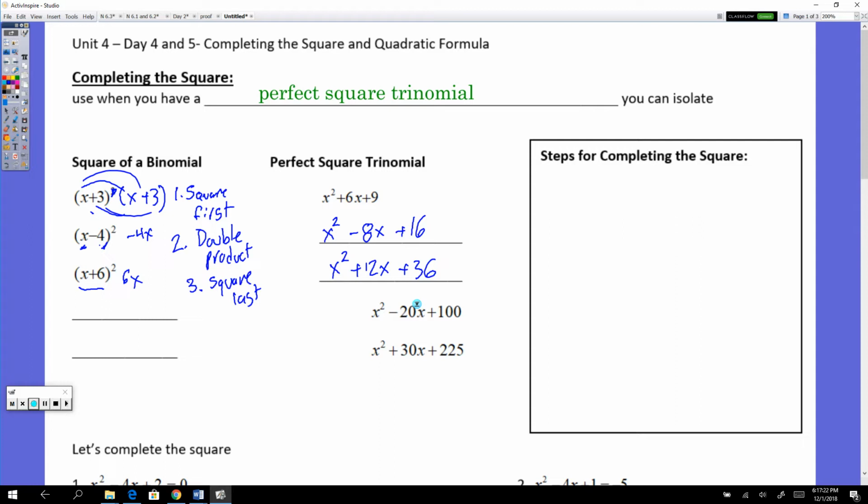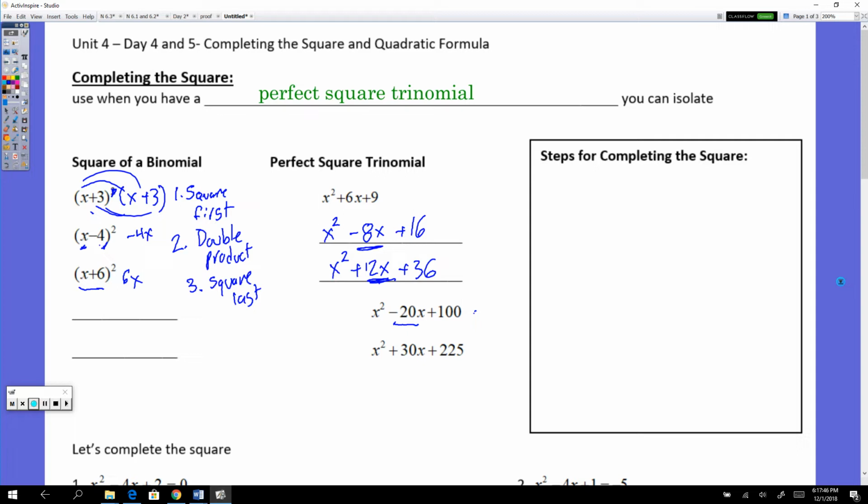So what can I use this for in terms of working backwards? If I give you the perfect square trinomial, how can I go from this to this? The idea here is, if you look at this middle term, and let's go back up to these examples, you can see, how do I get from a 12 to a 6?